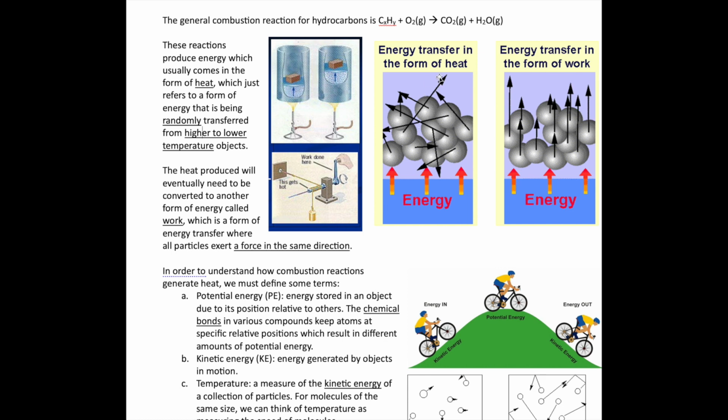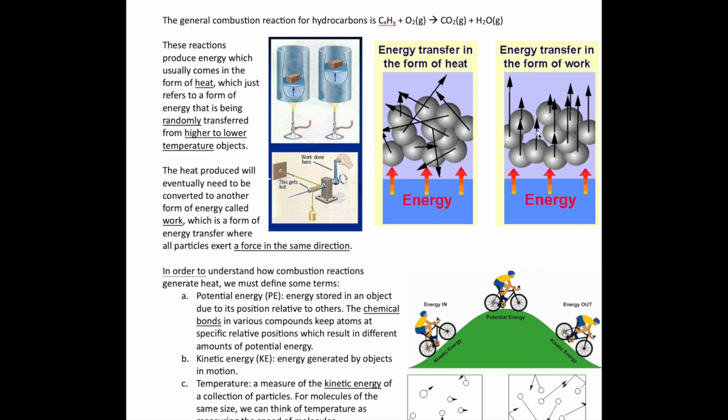As you can see, the particles are moving all over the place, and because of that, one will collide with the other one, and as a result of that collision will transfer that energy. Just like if you have two marbles colliding with each other, or two cars colliding with each other, the faster one is going to transfer the energy to the slower one. But the direction of this energy transfer is random.